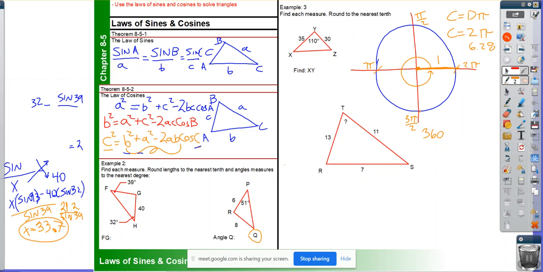Let's write this in terms of this whole A, B, C stuff, so we are better able to relate the equations that we have to this triangle. So let's call the angle Q our A. Let's call this B, and let's call this C.